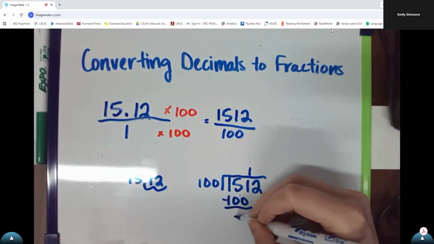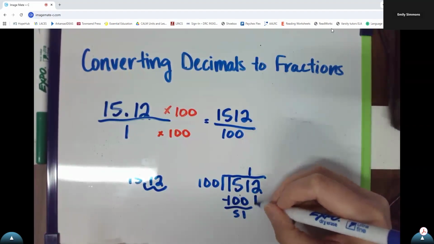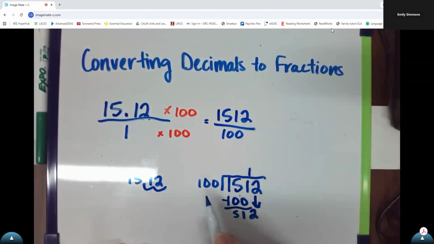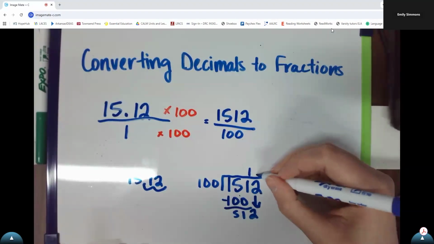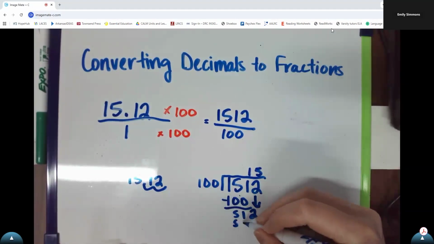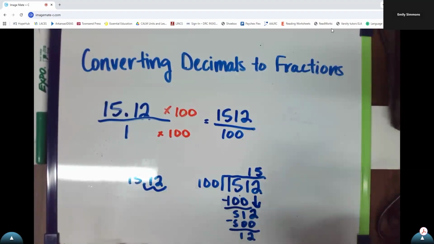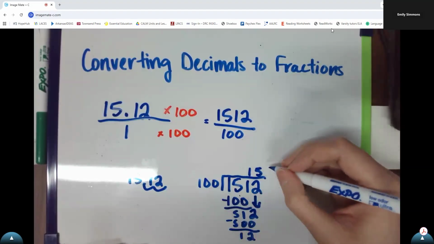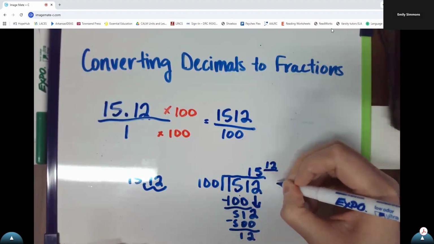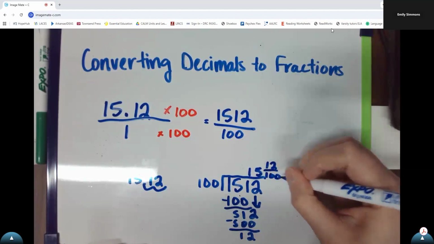We subtract, we're left with 51. Then bring down our 2. 100 goes into 512 5 times to get 500. We're left with 12. I'll put that 12 over my original denominator. So 15 and 12 over 100.